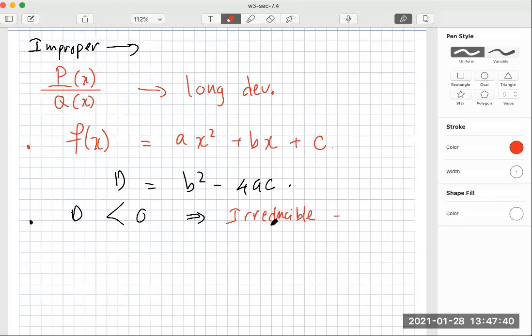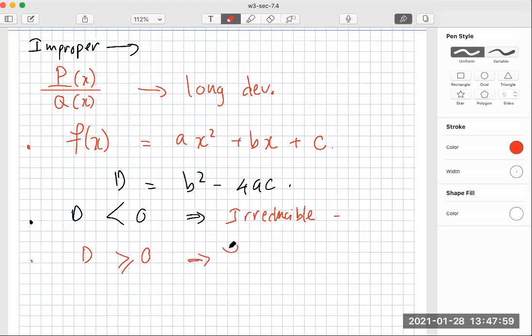Irreducible, right? Maybe the spelling is not good. Okay, check it yourself. How about if D is larger or equal to 0, then it has at least one solution, right?